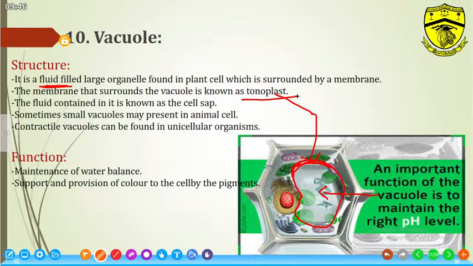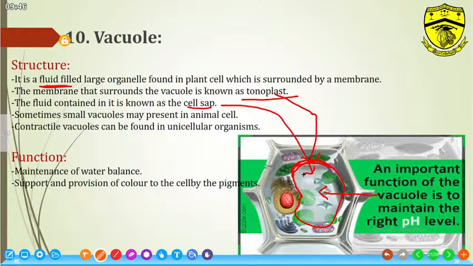You got it? The fluid contained in it is known as cell sap.